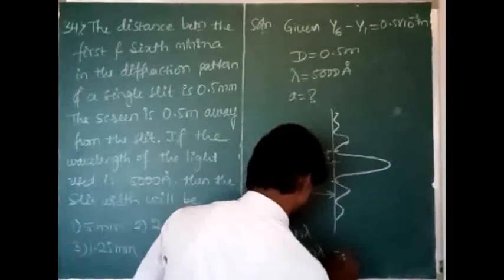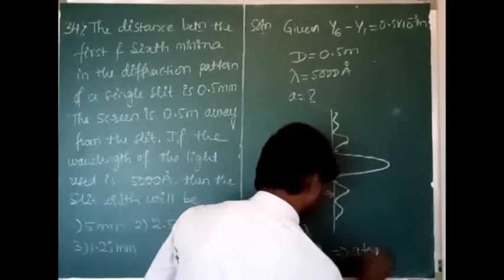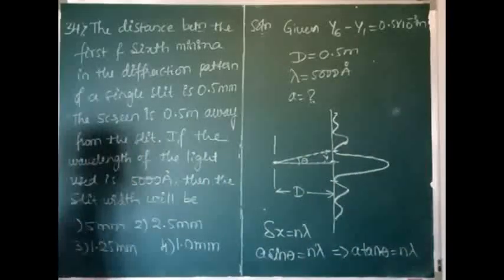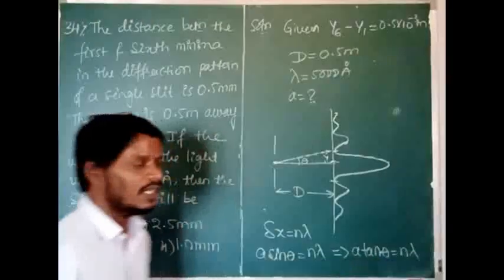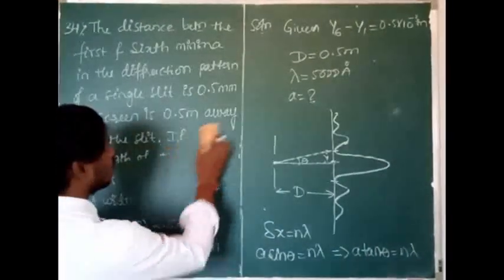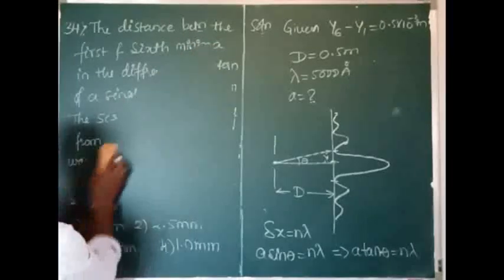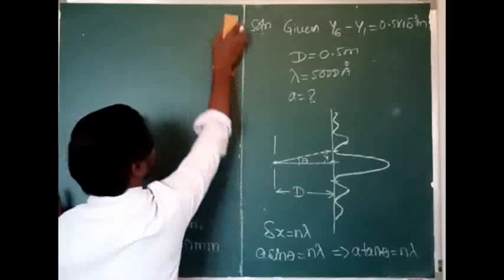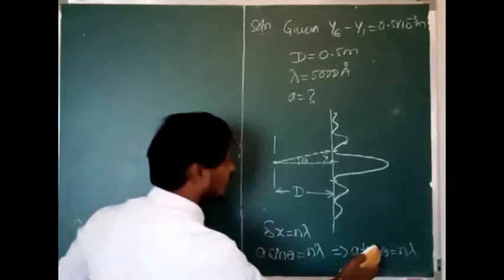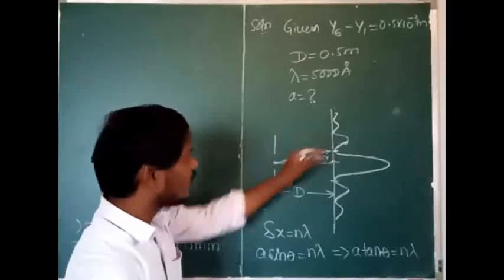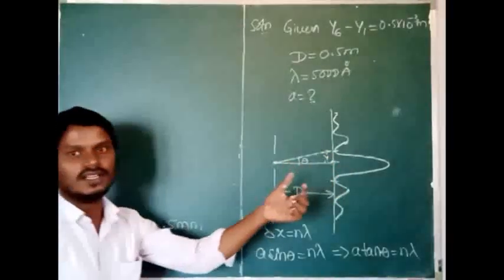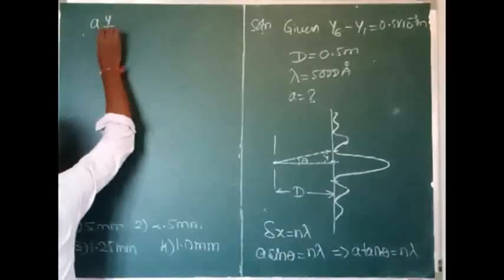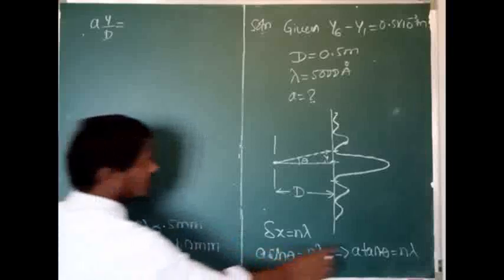Then I will write a into tan theta is equal to n lambda. This is for minima, because path difference for the minima is n lambda. Then what about tan theta here? Tan theta is nothing but opposite side divided by adjacent side. Opposite side is y, adjacent side is D. So a into y by D is equal to n into lambda.